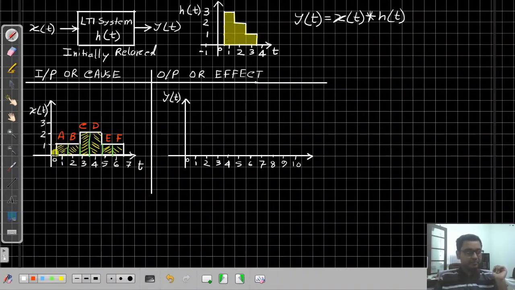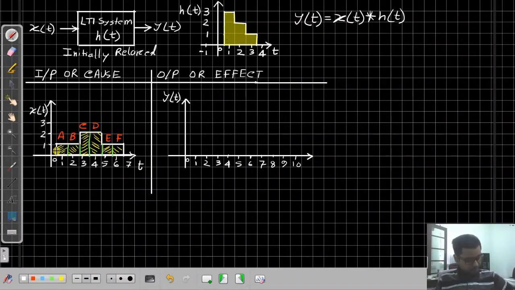Consider slice A. And one more thing, you should remember that when these slices are very narrow, that means the delta time interval between two slices is very narrow, then these individual slices can be considered as impulse signals, and the strength or the coefficient of those impulse signals depends on the area under these individual curves, or the area of these individual slices.